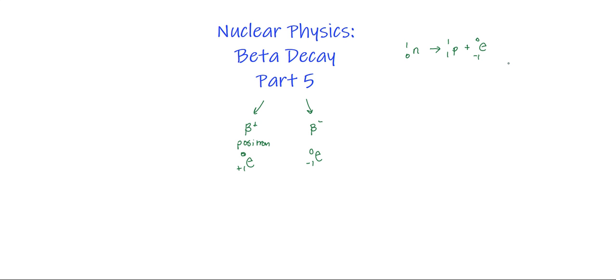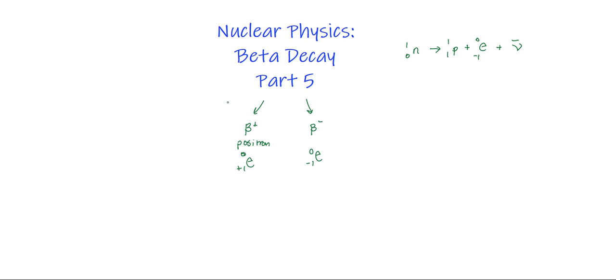Now it wasn't noticed when beta decay was first discovered, but there was an energy issue in this reaction. And so what was found to occur was this almost massless particle known as an antineutrino, which is symbolized with this sign.